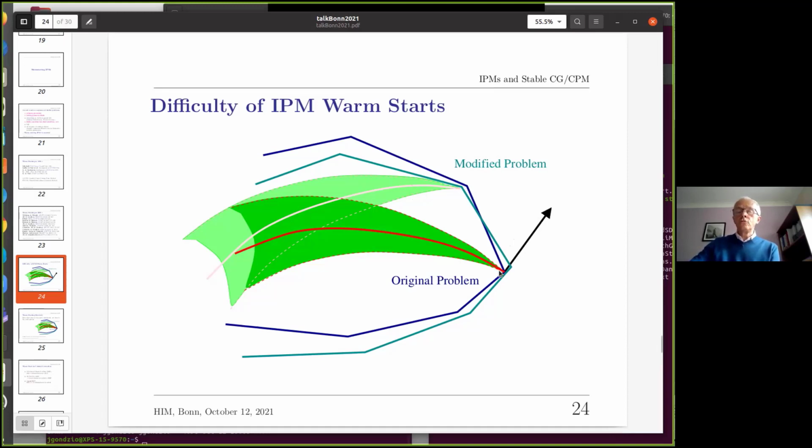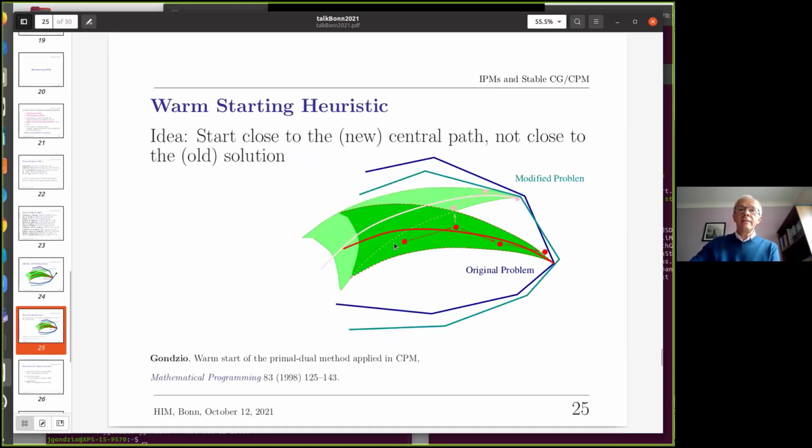And it also should warn you that should anybody try to start from the point which was very close to this vertex, all advantages of interior point will be lost, because interior point cannot just move from this point and switch to the new central path. What one really should do, and that's on this picture, is to backtrack.